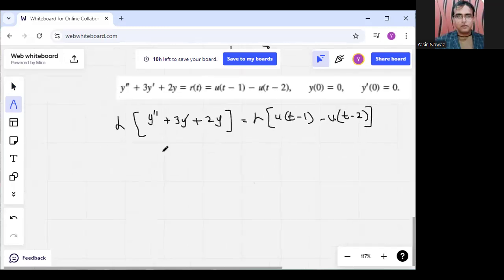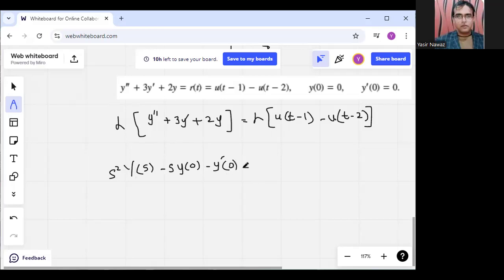On the left side, for y double prime, the formula for the Laplace transform will be used. It will be s squared Y of s, where Y of s is the Laplace transform of y of t, then minus s y of 0, minus y prime of 0. That's the Laplace transform of the second derivative.